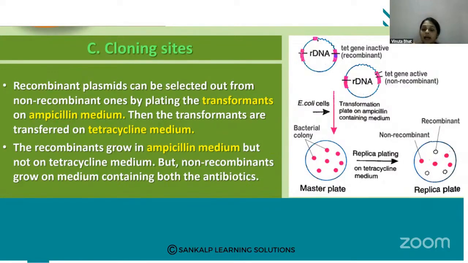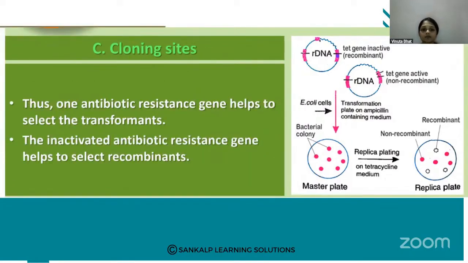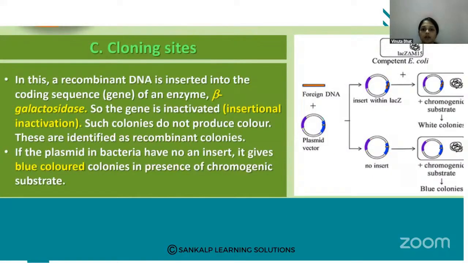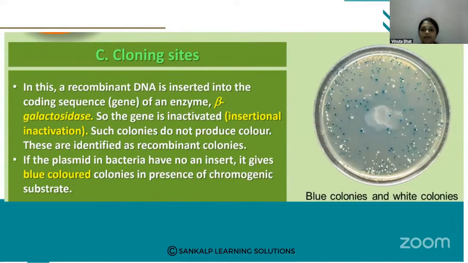If the ampicillin resistance gene is present, it is able to grow in the ampicillin medium. If it has the tetracycline resistance gene, it is able to grow in the tetracycline medium. So that is about the vector. These are all the topics that we studied in the last class.